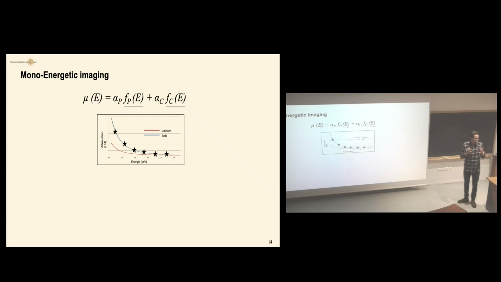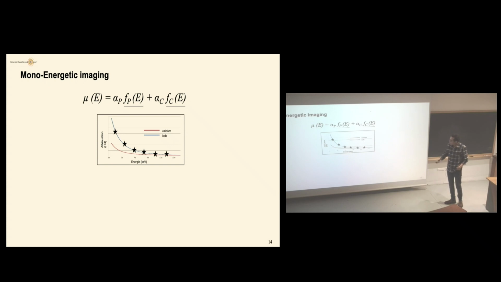Monoenergetic images can be like what you get in a synchrotron, in the beamline, for example. But anyway, what you get with this type of image is an attenuation at one energy. You see here the attenuation curve of a compound, iodine and calcium, or the linear attenuation coefficient of a compound, which is the sum of the photoelectric effect, predominant at low energy, and the Compton effect, which is mainly constant at the energies of clinical routine.